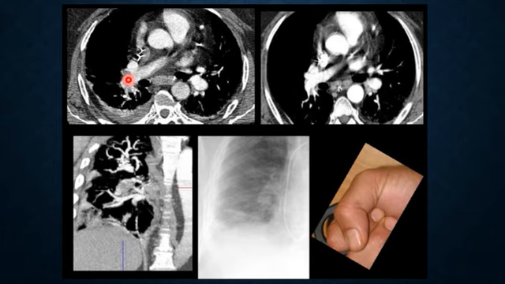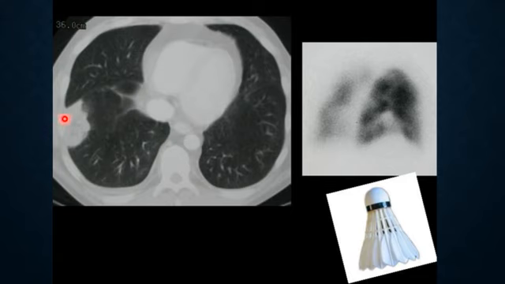Now there is this sign also related to pulmonary embolism, which is the Hampton's hump sign. This wedge-shaped area of decreased perfusion, pulmonary infarction, and what was this exam? Nuclear. What is it called?